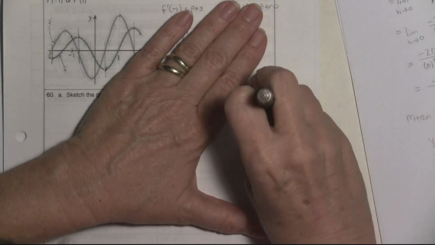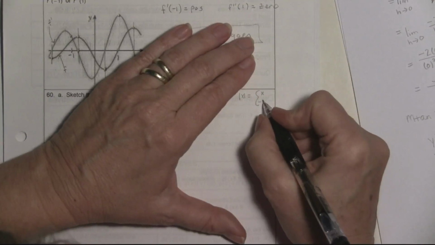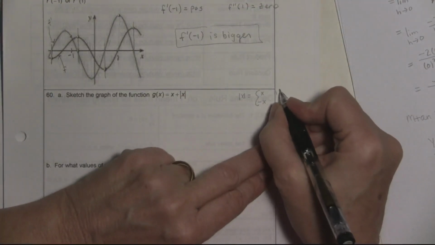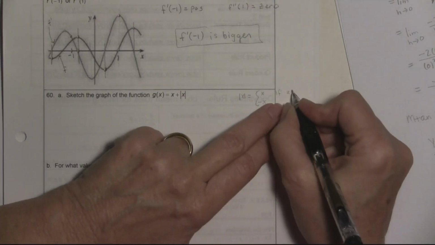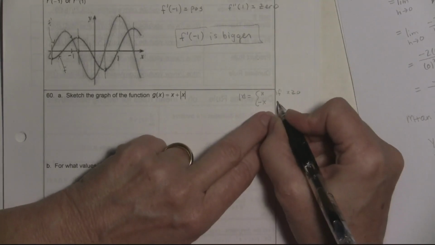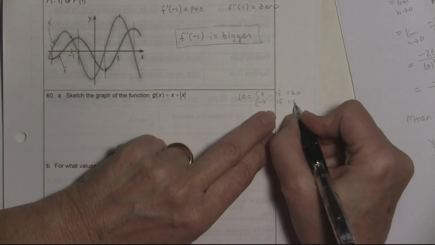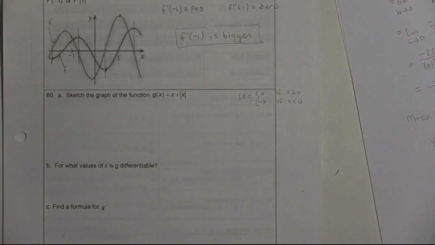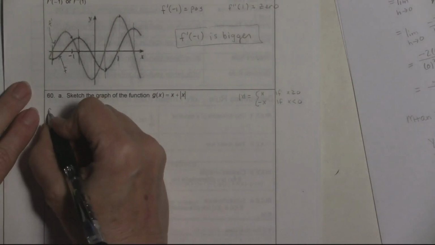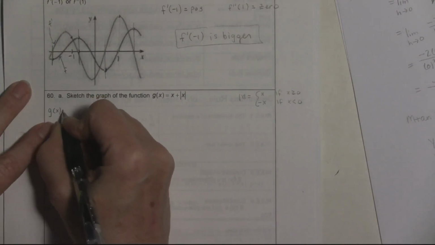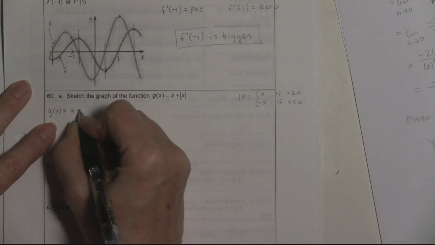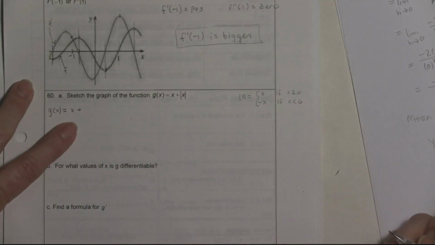That's x if x is greater than or equal to 0, and negative x if x is less than 0. So what we have about g is that g of x equals x plus the absolute value of x.